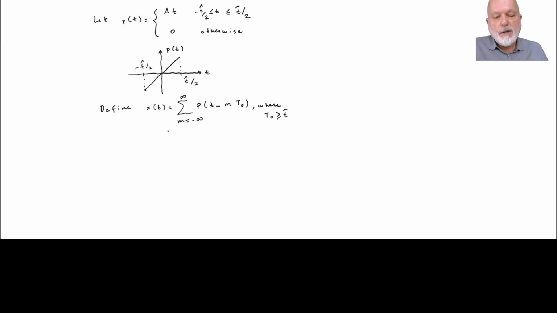So we have the periodic extension of P of t as P of t repeated with a period capital T0. Now for T0 equal to t cap, we get the so-called Sawtooth signal.